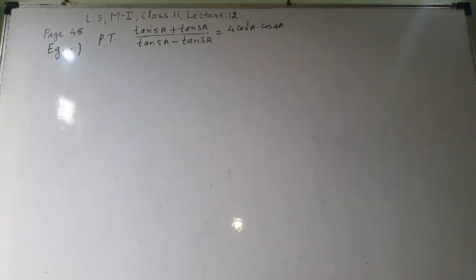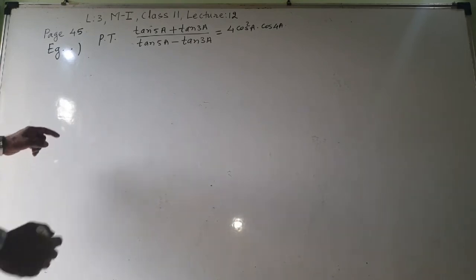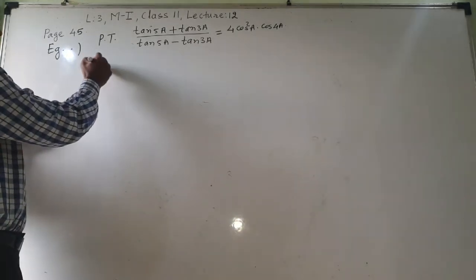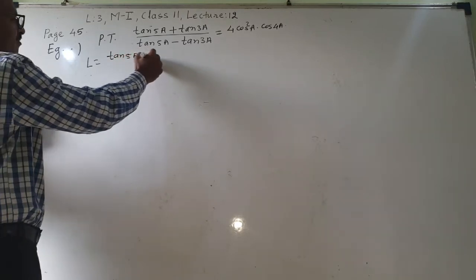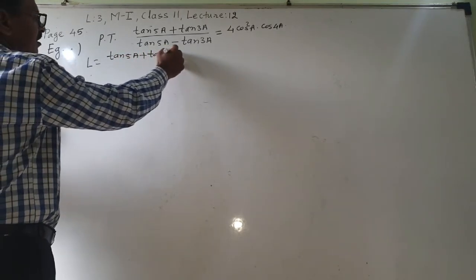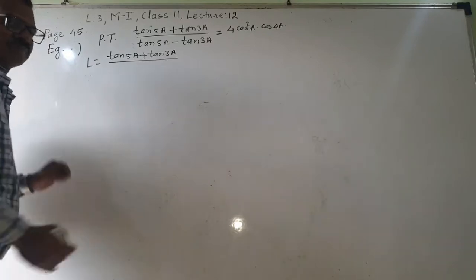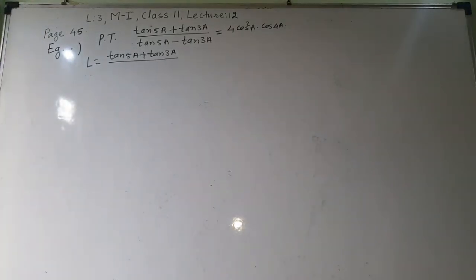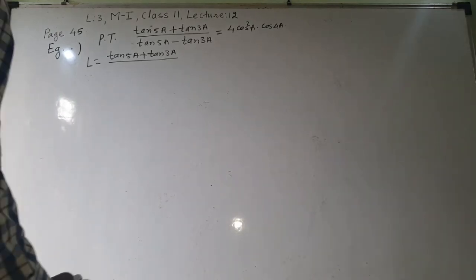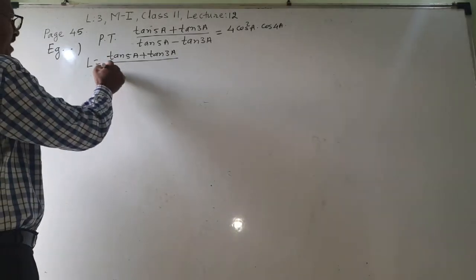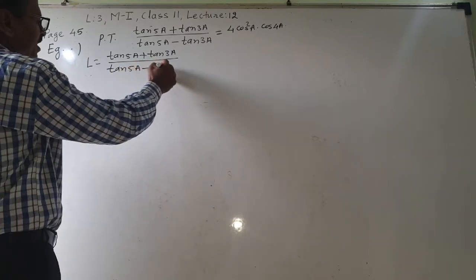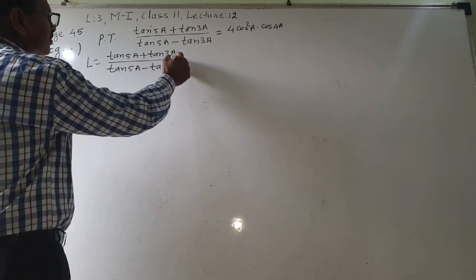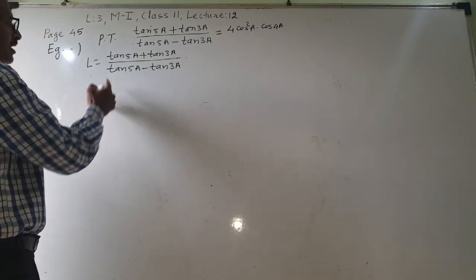So this sum also, LHS we will take. LHS equal to (tan of 5a plus tan of 3a) upon (tan of 5a minus tan of 3a). That is equal.